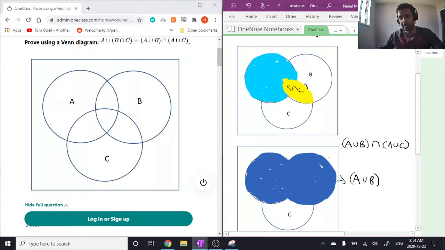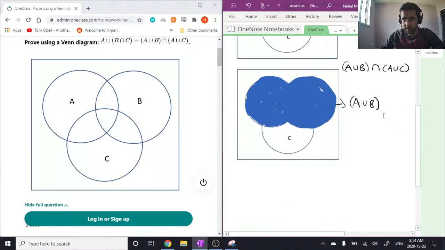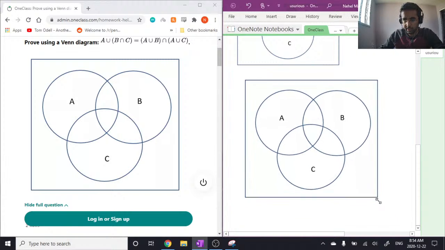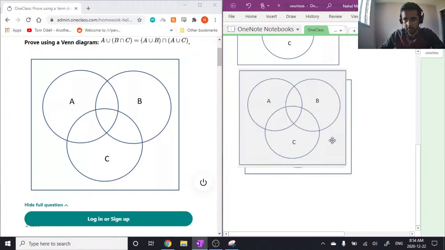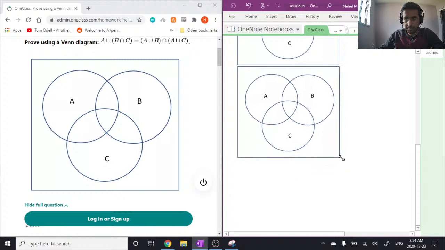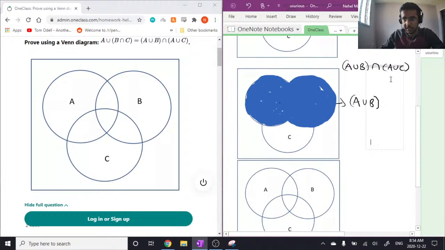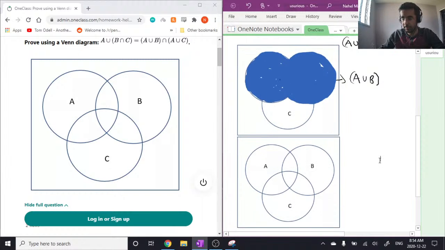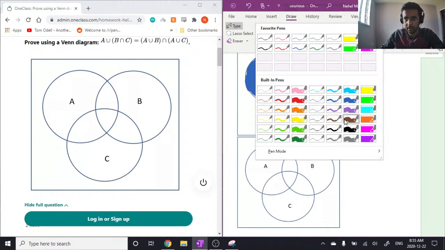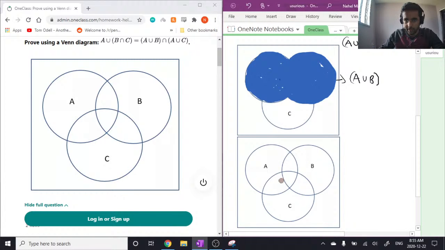Okay, so next up, we need to find A union C. So I'm going to use a different color and do it just right below it so you guys can see. A union of C again is all of A plus all of C. So all of A is this and all of C is this.